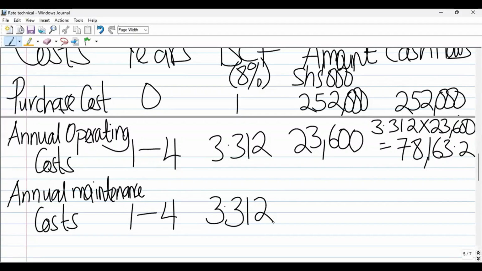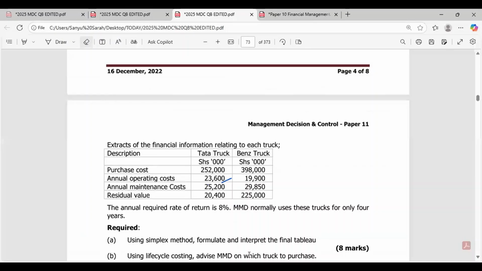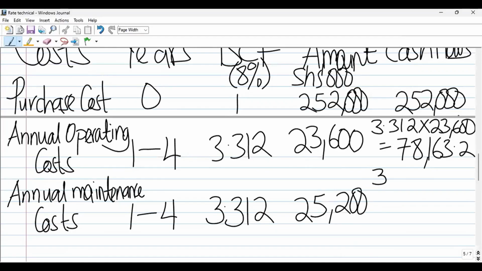The amount I've given you here is 25,100. So our cash flow is 3.312 times 25,100. So if they were not annual, like the operating costs were not annual, I would have used the present value interest factor. But now they are annual for 4 years. So what do we get here? 83,462.4.